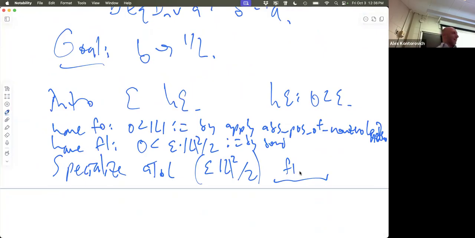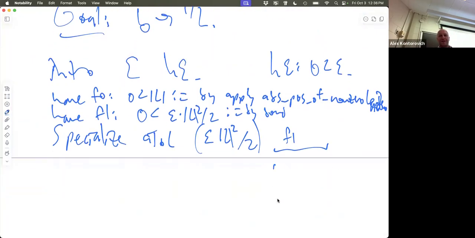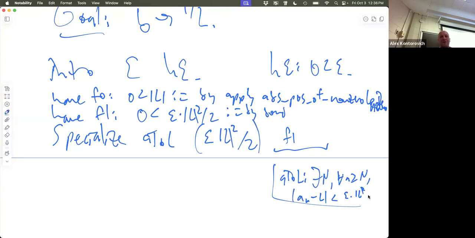Now, once I do that, remember, what does A to L now look like? There exists an n, so that for all n greater than n, an minus L is at most epsilon L squared over 2.